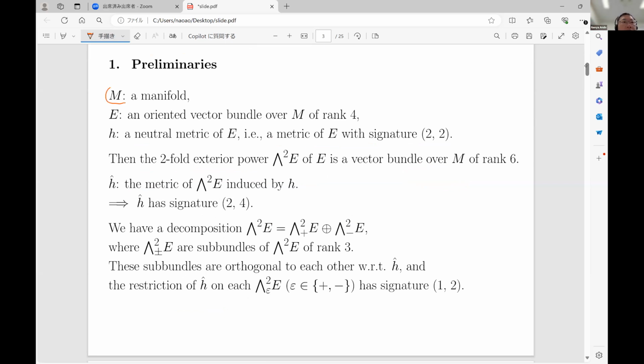Let M be a manifold and E an oriented vector bundle over M of rank 4, and H a neutral metric of E. Then H has signature (2,2). Then the twofold exterior power of E is a vector bundle over M of rank 6.